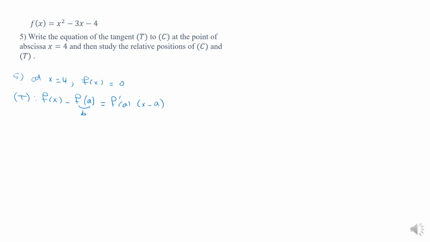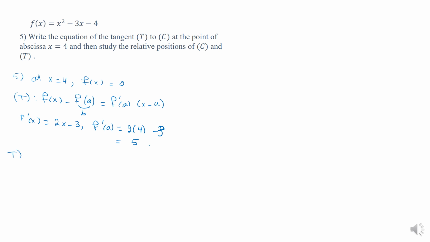So we need to find f prime of x. f prime of x is 2x minus 3. So f prime of a is 2 times 4 minus 3. So it's 8 minus 3, it is equal to 5.